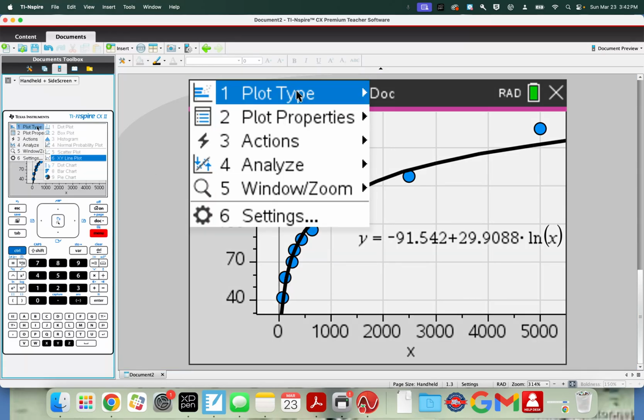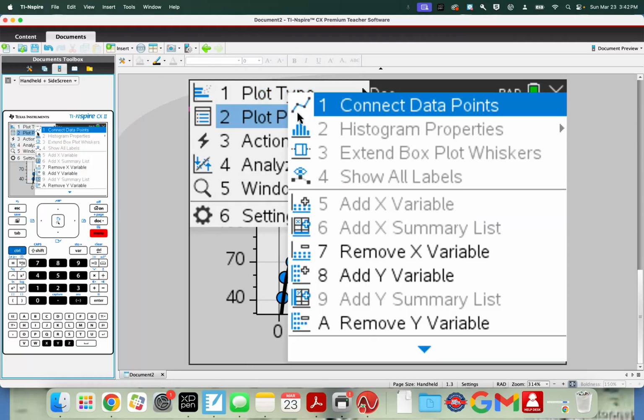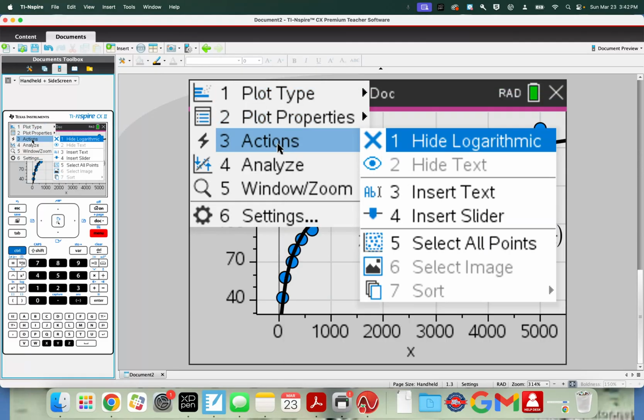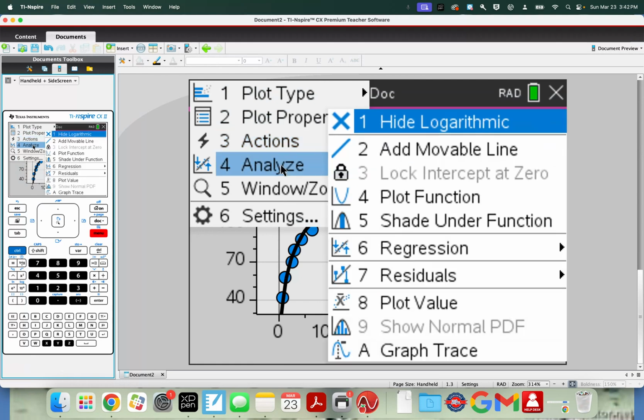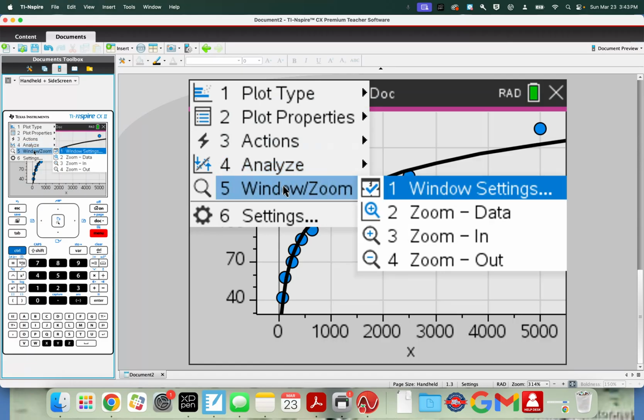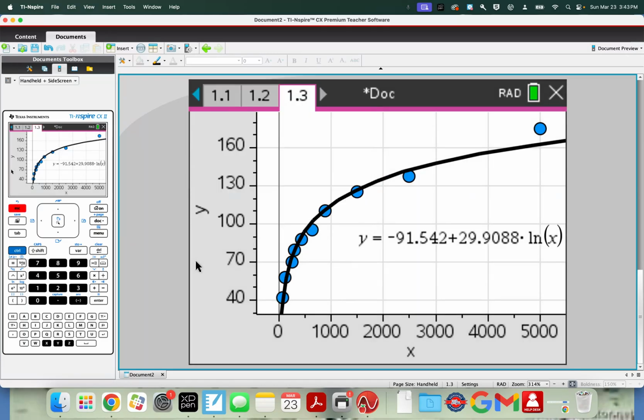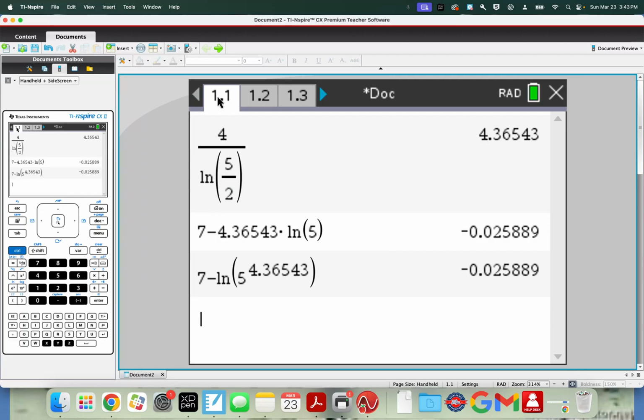I'm betting it's not going to give me a table that goes with this. No, not even graph trace, because of how far up it goes. So we're just going to have to go back to our calculator page and just basically type it in.